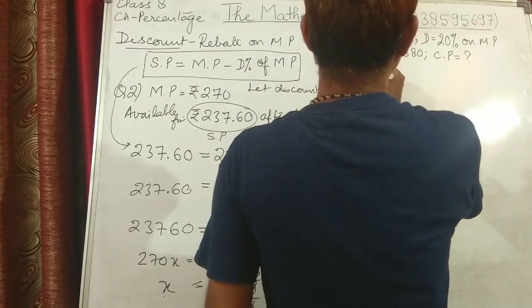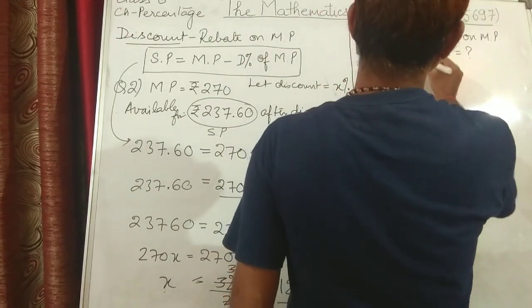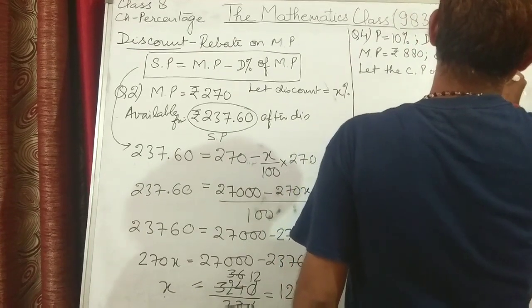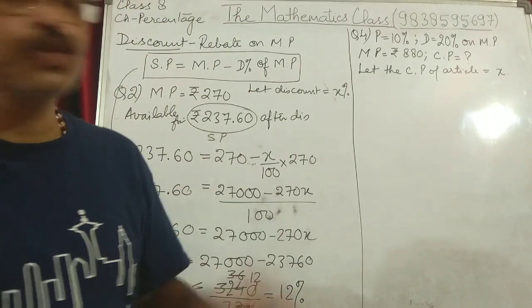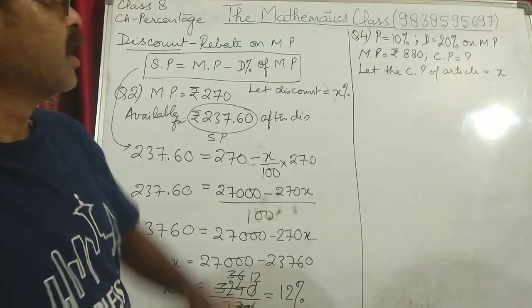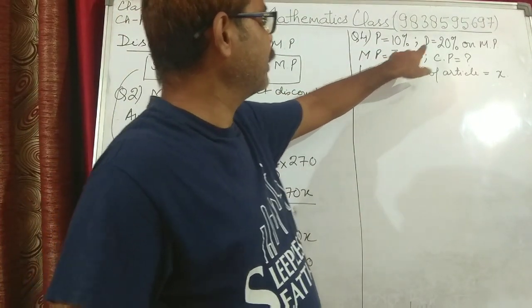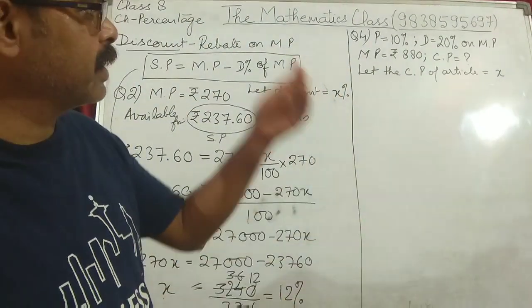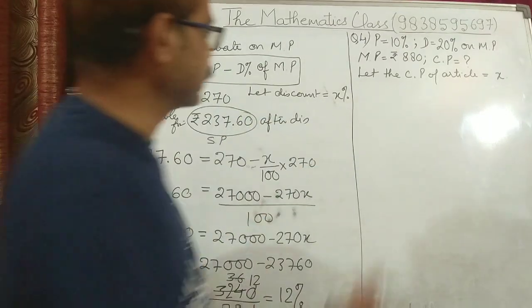First of all, we will assume that the cost price of the article be rupees X. Now mark price is given and discount is given, so with the help of mark price and discount, you can find the selling price.